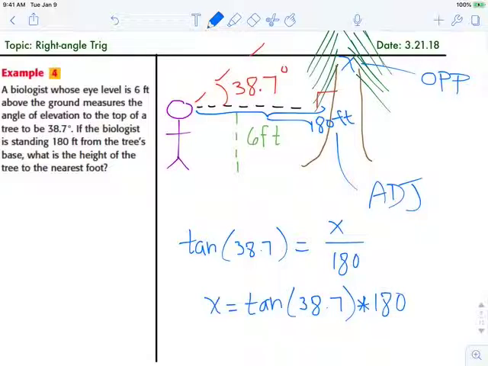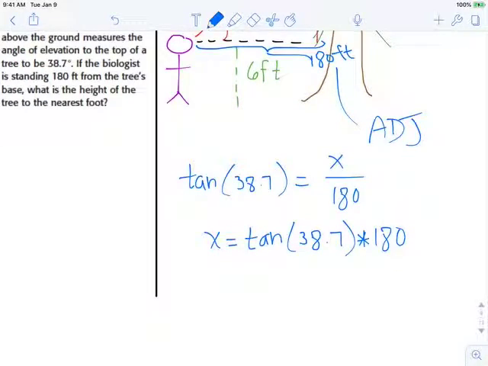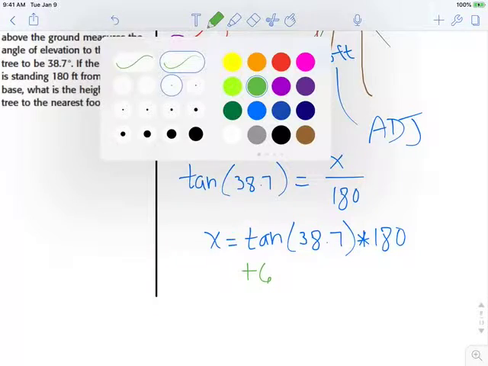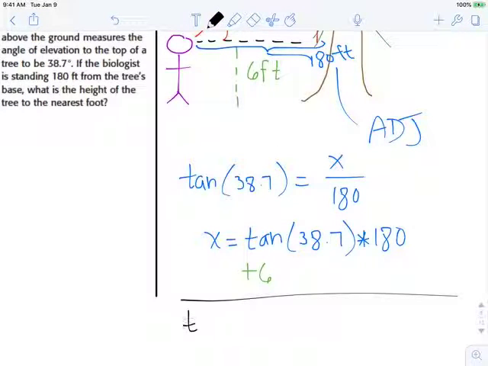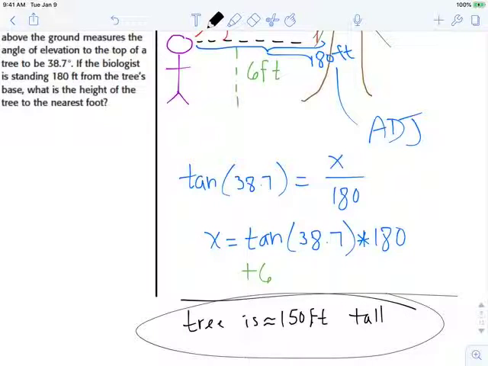Good with that? Okay, if you add the 6 in. It said round to the nearest foot, so we're just going to say the tree is 150 feet tall. All right, so is that one good? Yeah? No questions on that one?